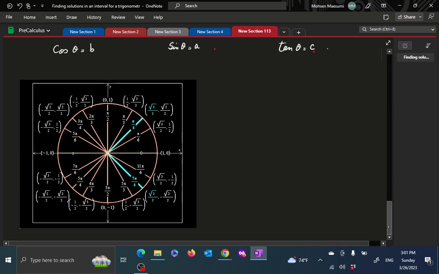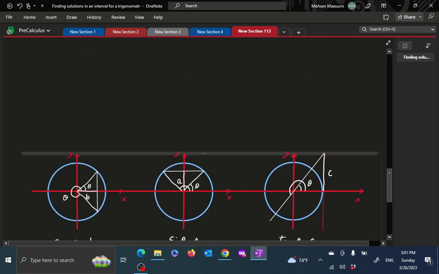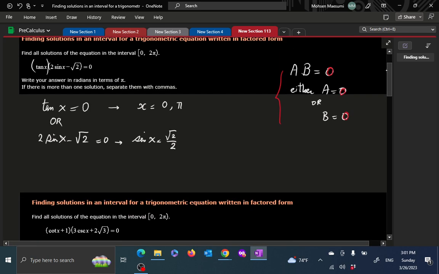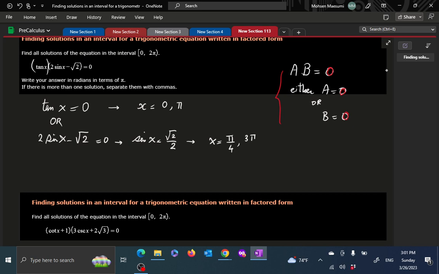If the sine is radical 2 over 2, we can be either of these two locations, that is at pi over 4 or 3 pi over 4. So we write these things here as well. That tells us x is equal to pi over 4 or 3 pi over 4.